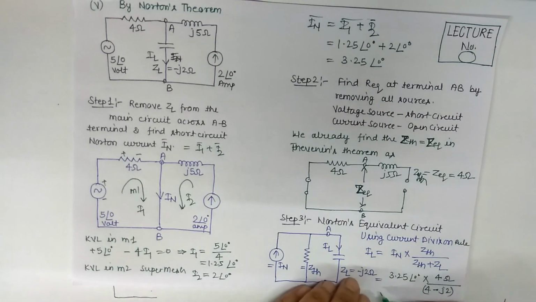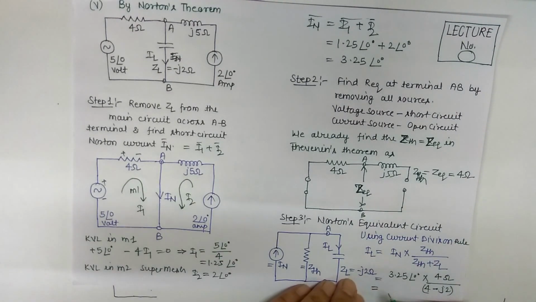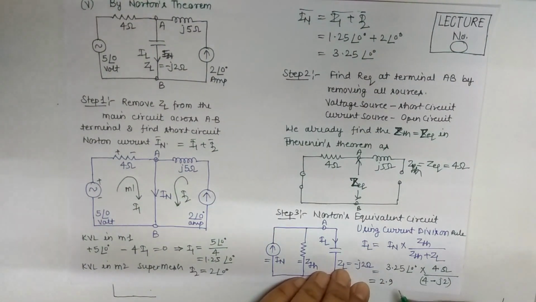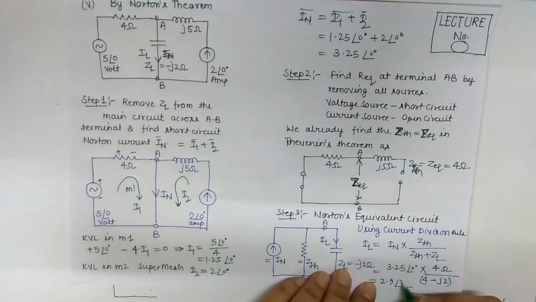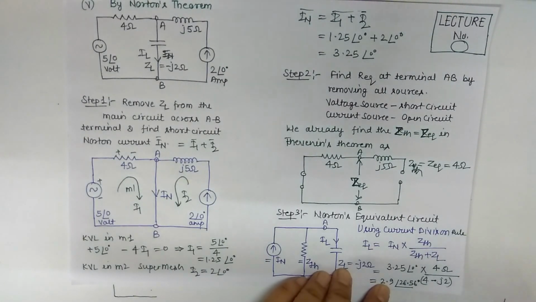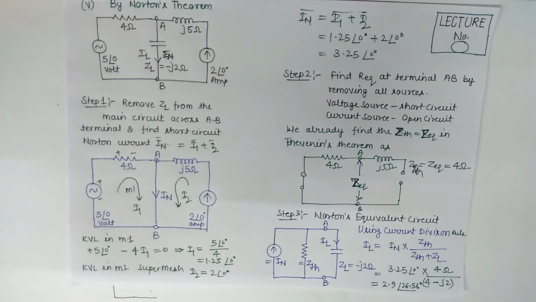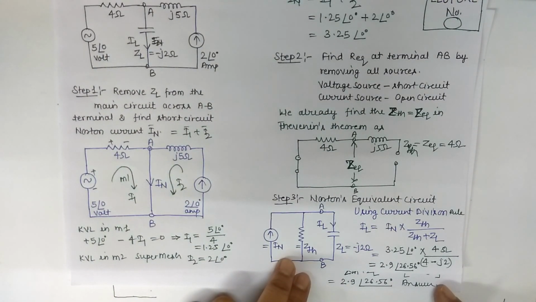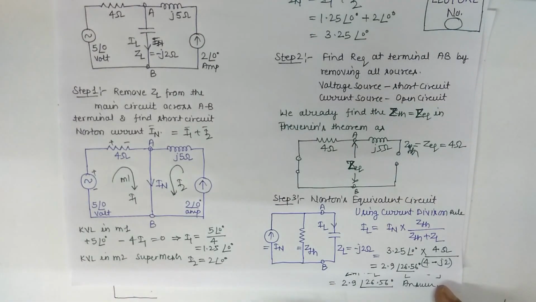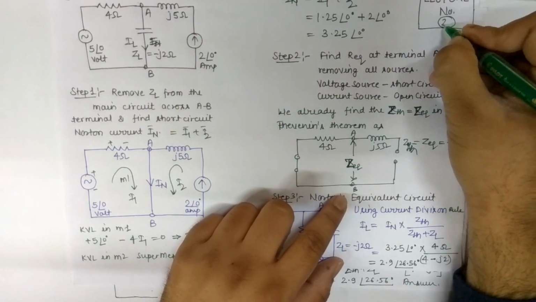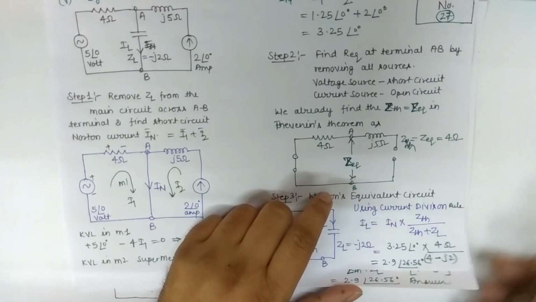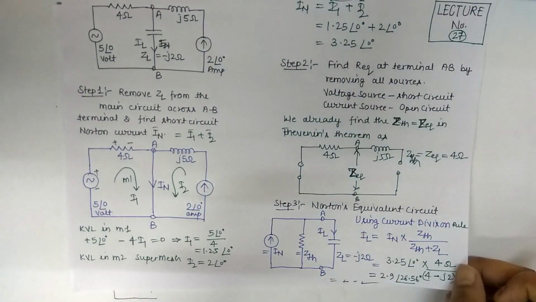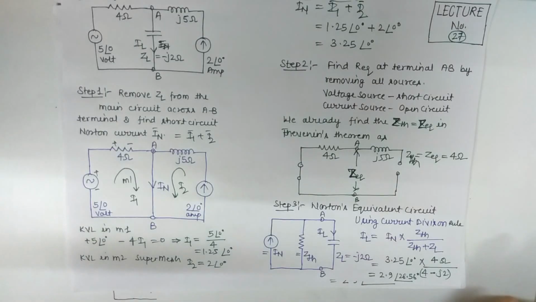So when we solve this and convert into the polar form, we get 2.9 angle 26.56 degree. So in this way we find the same answer as we solved by using Thevenin theorem. So in this way, this is lecture number 27, right? So now we solved this question by all the methods. Thank you.